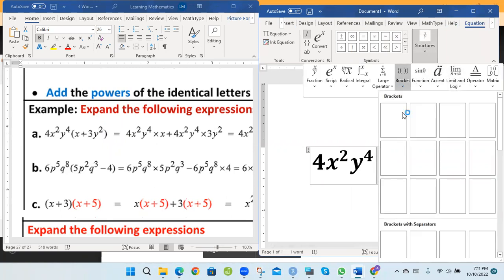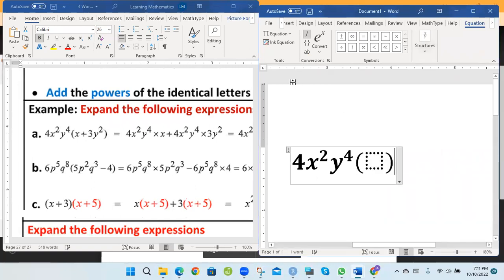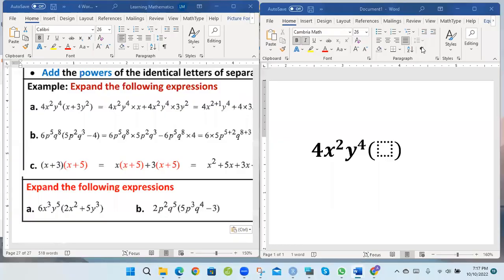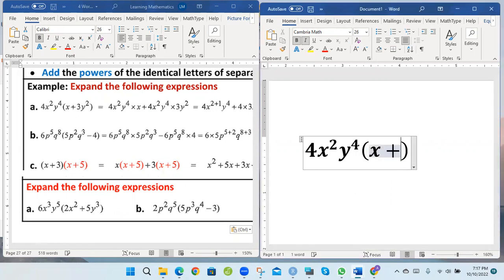Inside of the brackets, that's what you've got. So you have 4x squared y raised to the 4. Here we have it. And inside of the bracket, we've got x plus 3y raised to the power of 2.